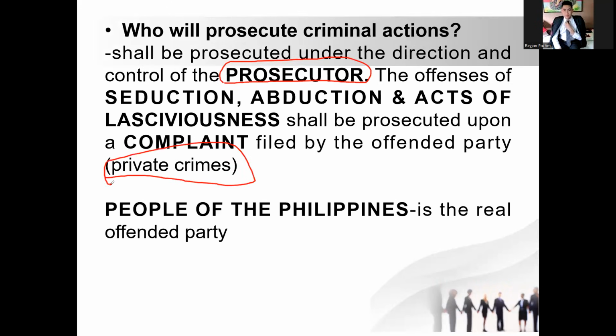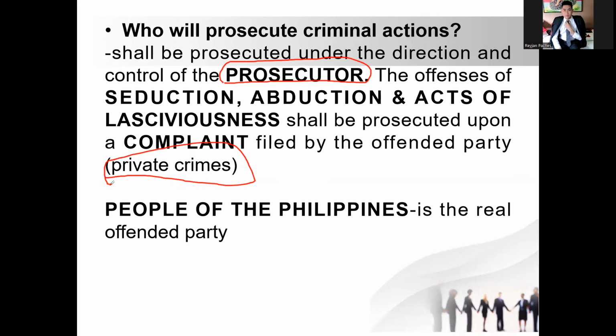Tandaan nyo, meron tayong dalawang crimes. We have the private crimes and the public crimes. Ang private crimes, ibig sabihin class, only the offended party can file a case. While ang public naman, ibig sabihin anyone or any party who is interested in the case can file a case. Halimbawa in a crime of rape, consider dyan class a public crime.